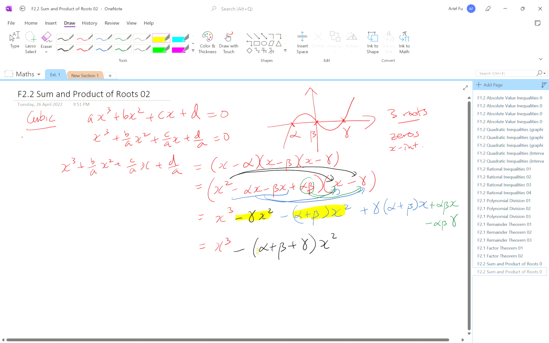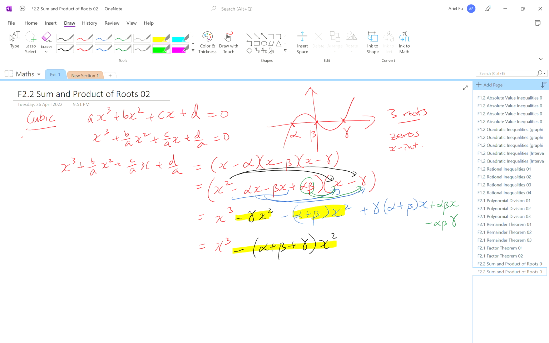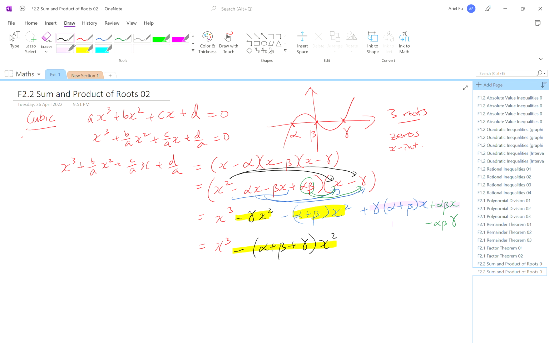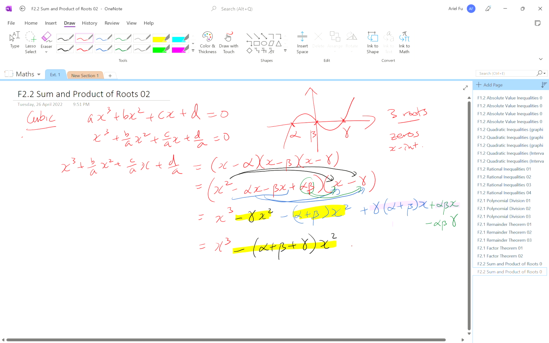Then let's look at all the x terms together: alpha gamma plus beta gamma plus alpha beta, times x. Finally what's left over is just minus alpha beta gamma.